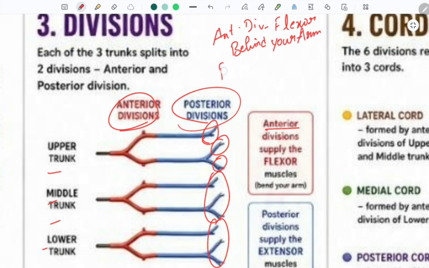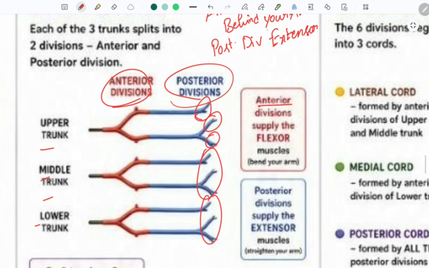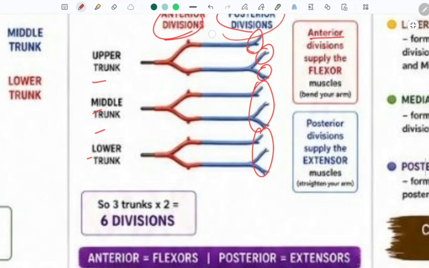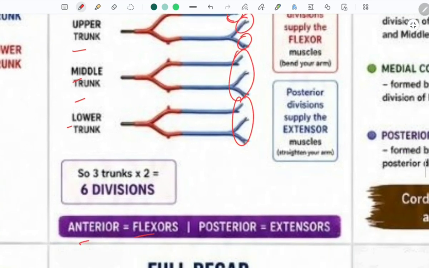The posterior division is for the extensor muscles, which straighten your arm. So anterior equals flexors and posterior equals extensors.